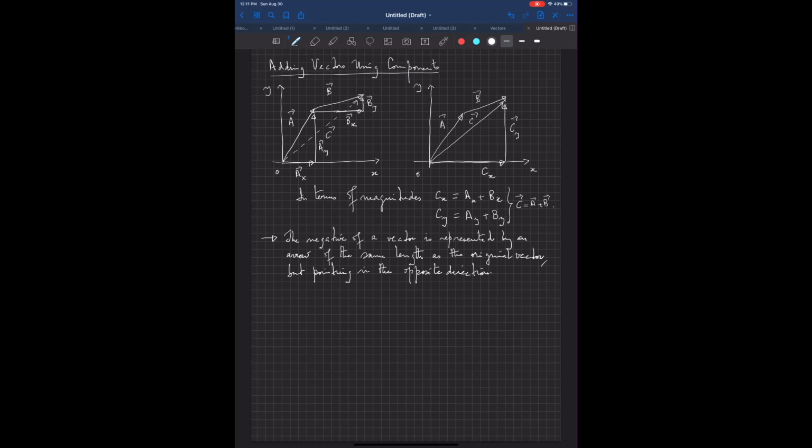Okay, that is equivalently, multiplying a vector by -1 reverses the direction of the vector.